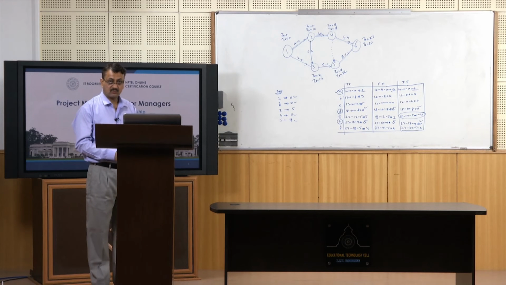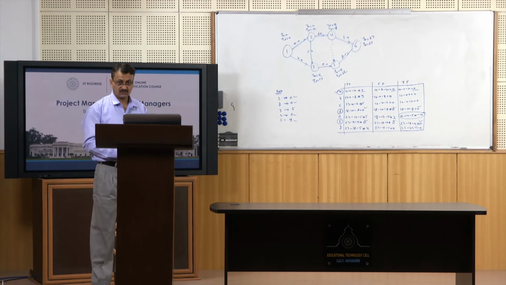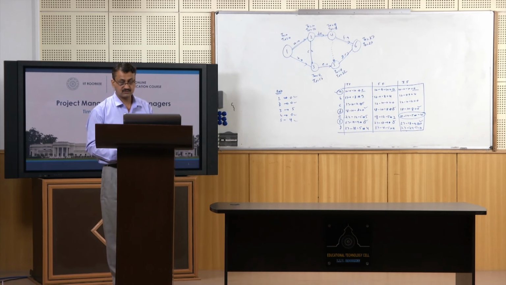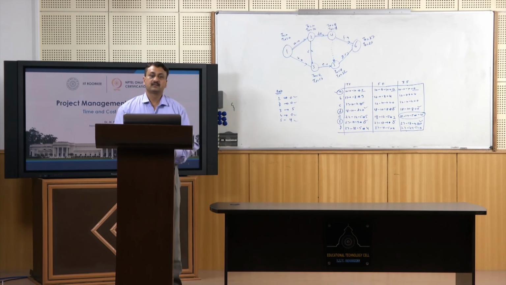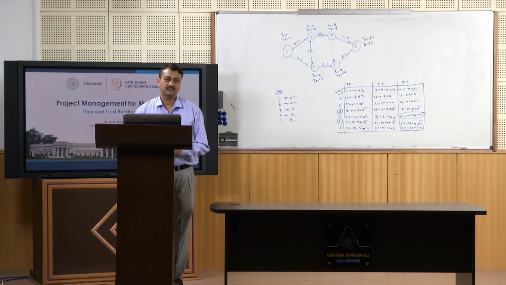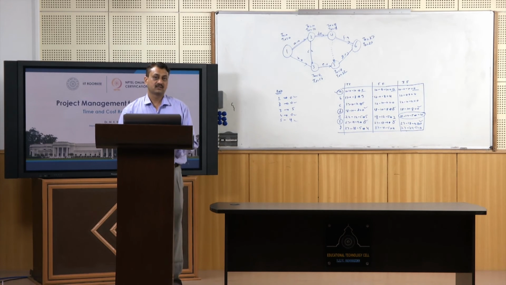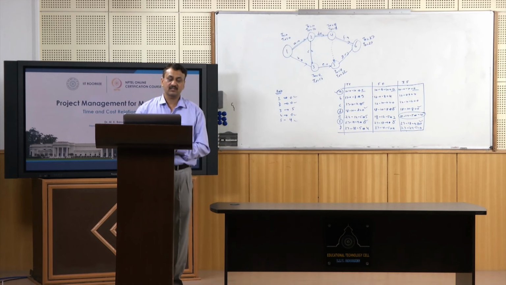Let us take one more example for finding these floats, but before this let me summarize what we have done today. In today's class we have looked at floats and slack. Slack is generally the delaying of an event without affecting the duration of the project. Float is nothing but delaying of an activity without affecting the project duration, and we have seen there are several applications.